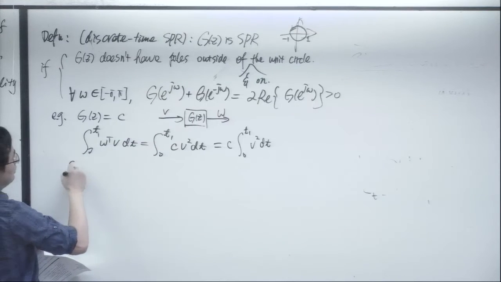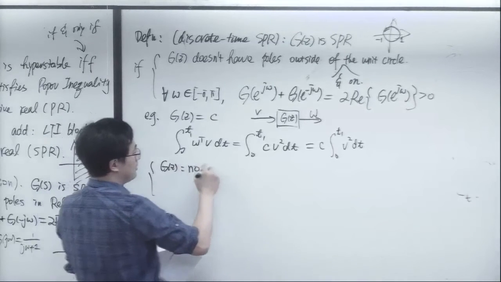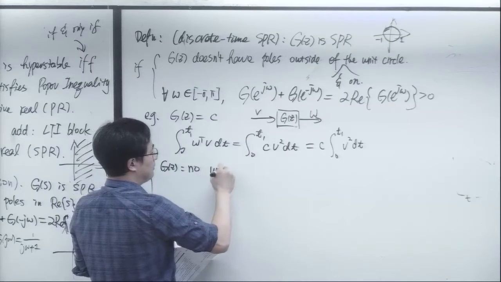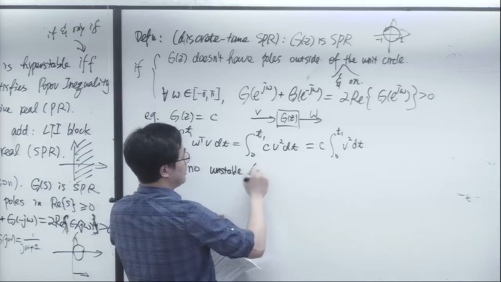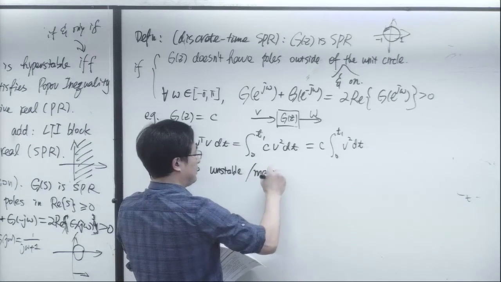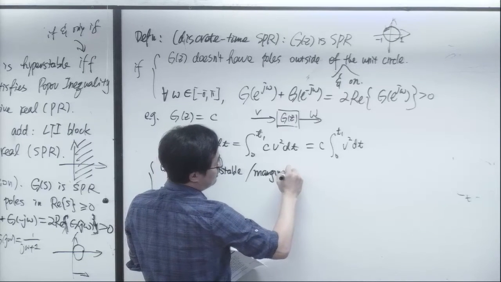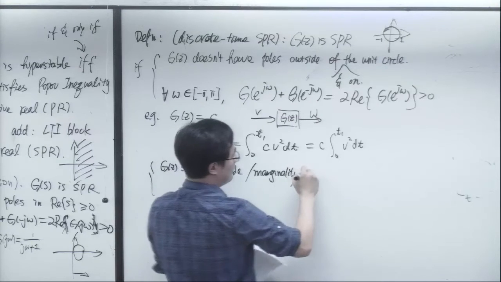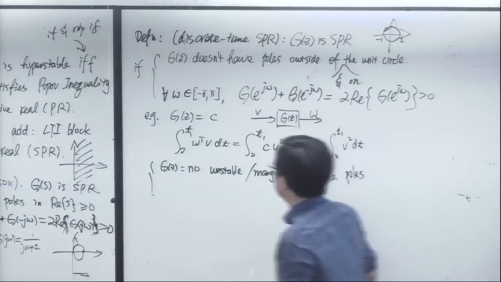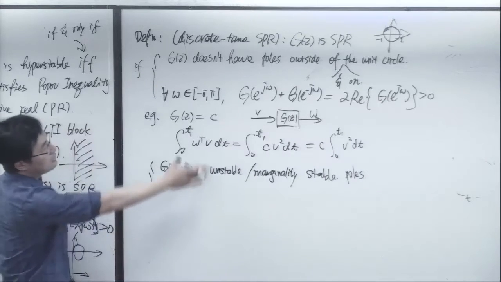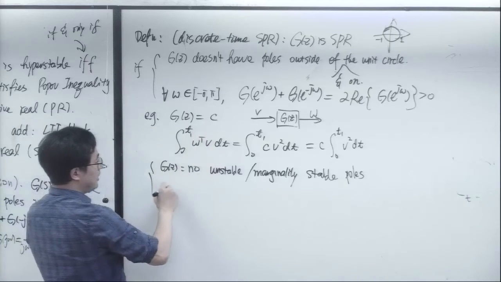First of all, G(z) indeed has no unstable poles. Even marginally unstable poles don't exist. And second, the frequency response, that's very easy to evaluate.